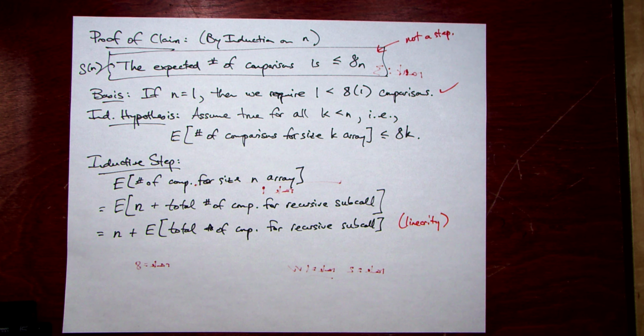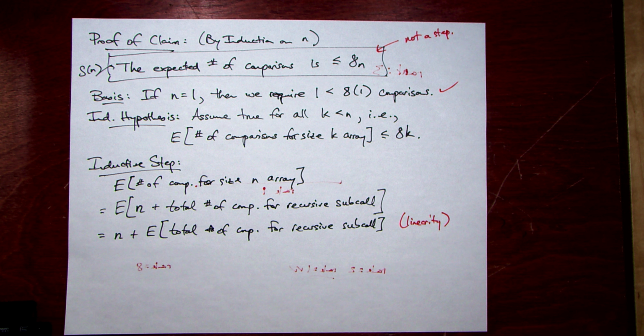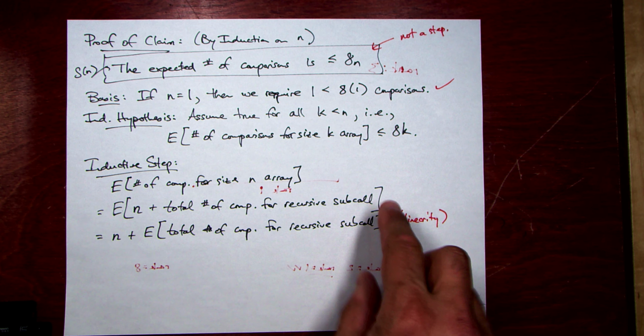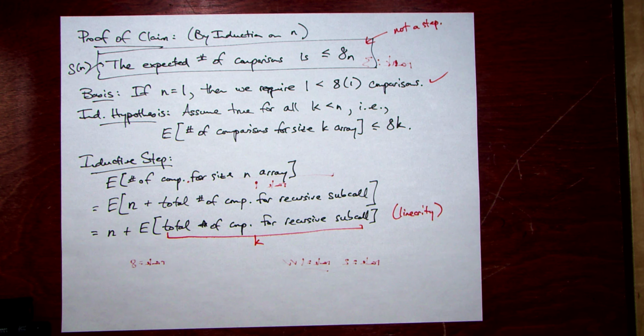Okay, and that number of comparisons for this recursive subcall is smaller than n, right? We throw at least one thing away. So the inductive hypothesis is going to apply, whatever that k value is. And it says that whatever this value is, let's just call it k, it's going to be less than or equal to 8k, basically. So this is less than or equal to n plus 8 times the expected size of the child, whatever that is, k.